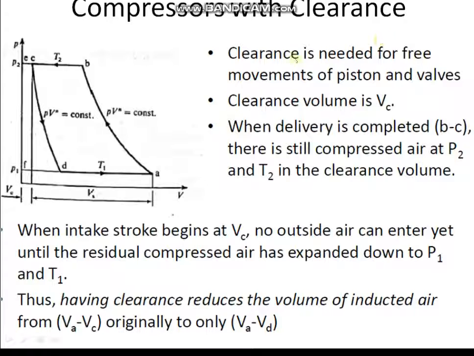For any compressor to work, it is very important that it should have clearance, so that there can be movement of the piston and valves, otherwise they cannot work efficiently and properly.